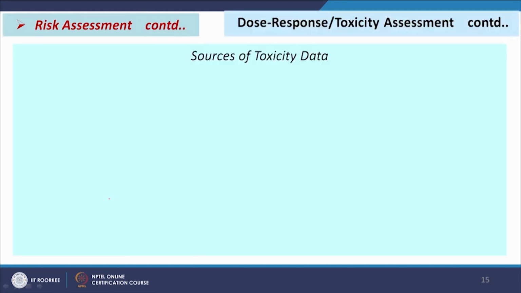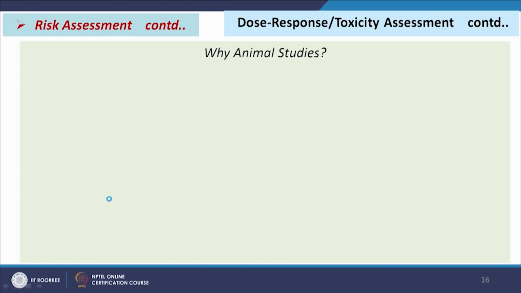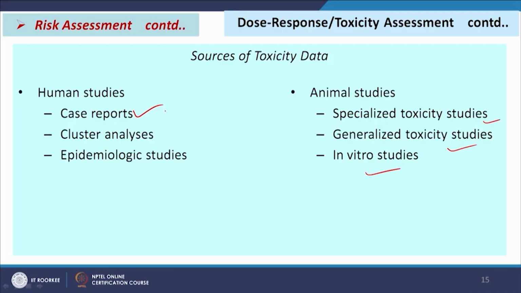That way dose response assessment is needed, and for that this can be done using different animals. Animal studies, that is specialized toxicity studies, generalized toxicity studies and in vitro studies are done, and then for human studies we have case reports, cluster analysis, and epidemiological studies, just like vaccine production for COVID-19.